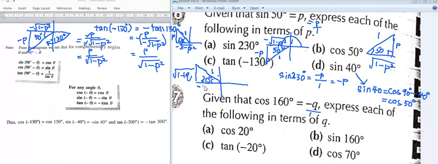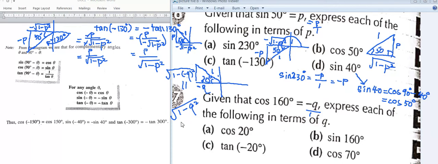Wait, this is negative Q, so this is square root of 1 minus Q squared.